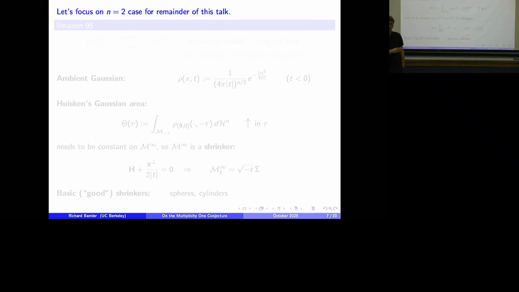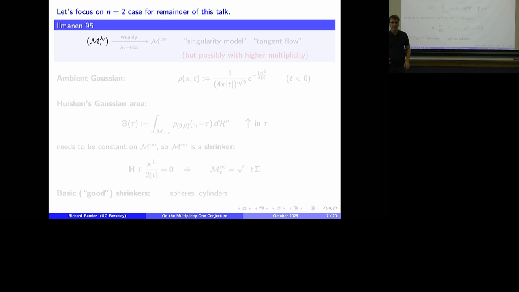Okay, so let me now focus on the case where n is equal to 2. So let me focus on surfaces in R3. Many of the things that I'll say are also true for higher dimensions, but this is where our result is true. So now, what I told you on the previous slide has been made precise by some seminal work of Ilmanen in '95.